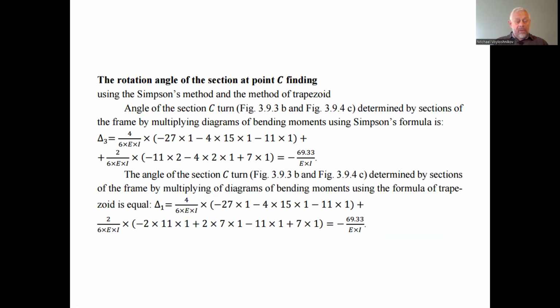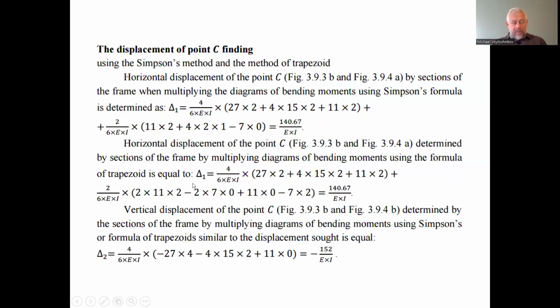Next we consider the rotation of the section point C. We determine the angle of rotation using the Simpson method and the method of trapezoid, and the formula is the same approach.